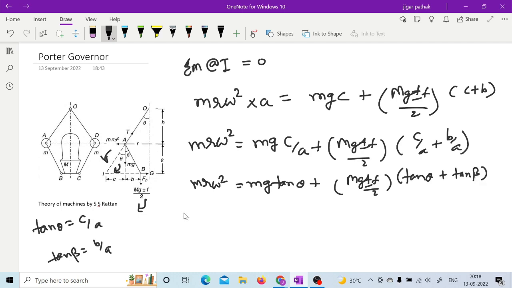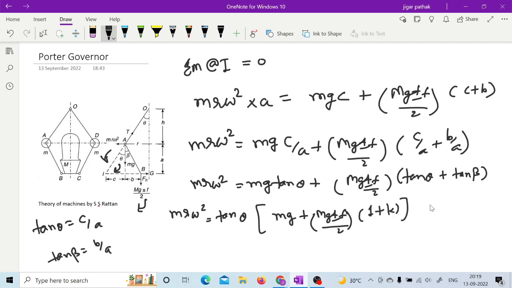Now if you take out the tan theta, then mr omega square is equal to tan theta into mg plus or minus f by 2 in bracket 1 plus k, where k is equal to tan beta by tan theta.